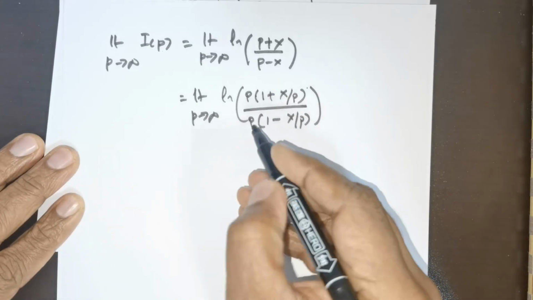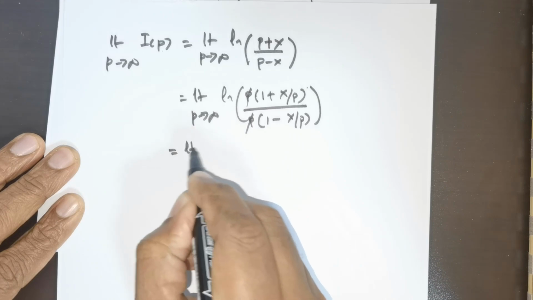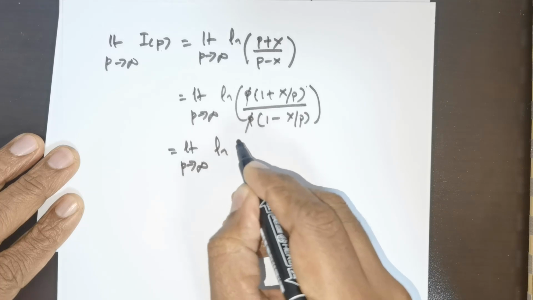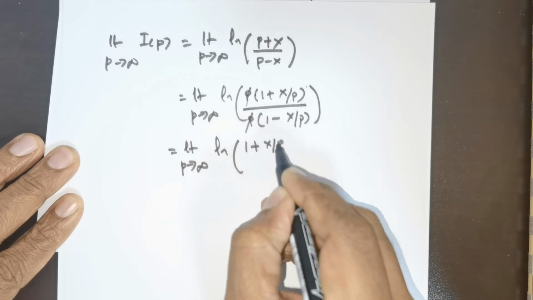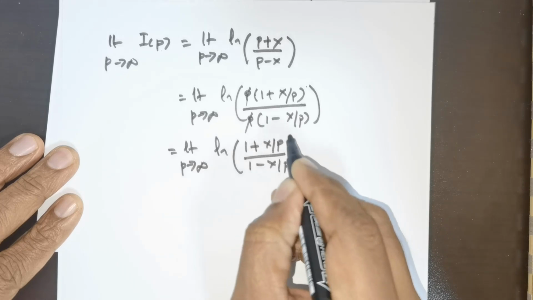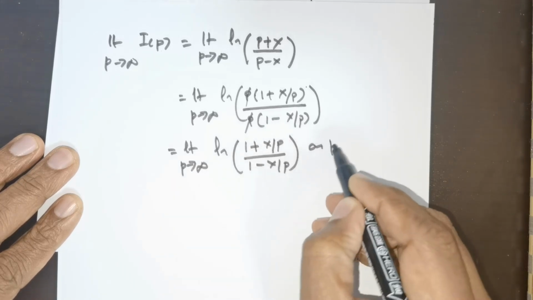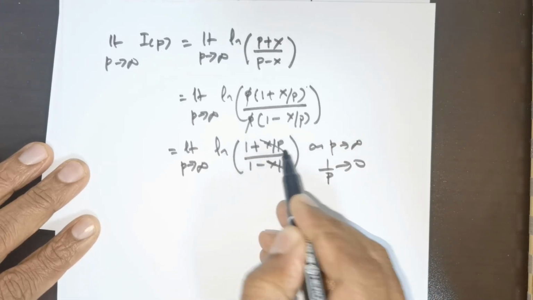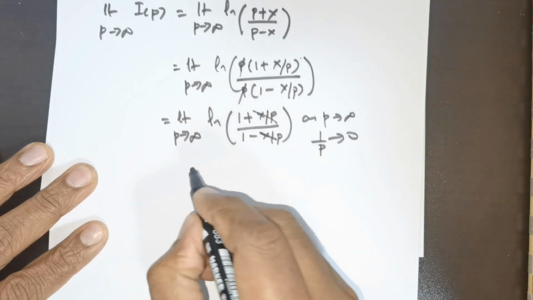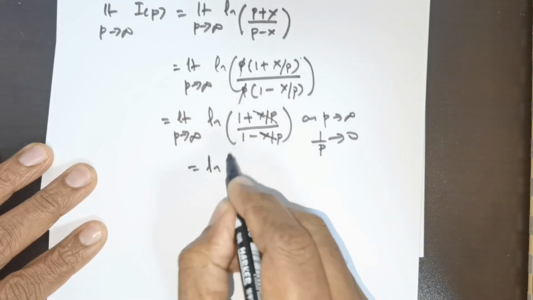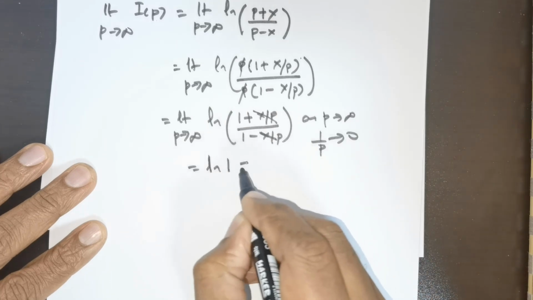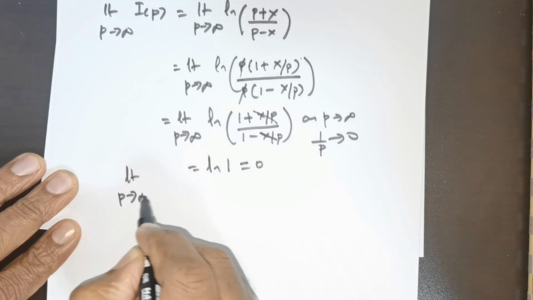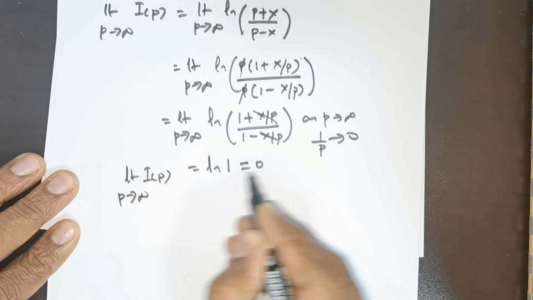Now p and p can be cancelled, giving limit p tending to infinity of ln of (1 positive x over p divided by 1 negative x over p). As p tends to infinity, 1 over p will tend to 0. So this will tend to 0, this will tend to 0, so you have ln of 1 over 1. Now what is ln 1? That's going to be 0. So you got limit p tending to infinity of I of p is equal to 0.